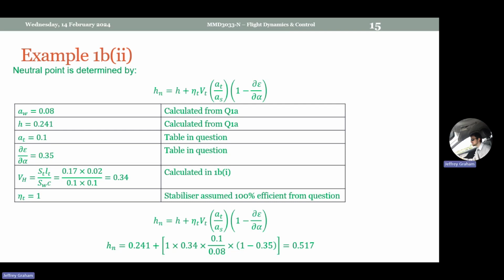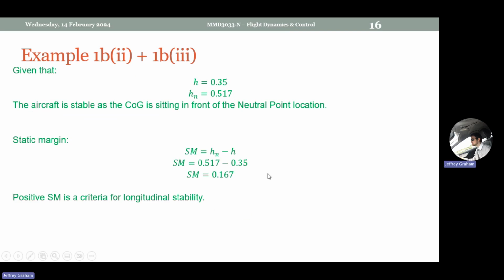And when we consider that with the center of gravity, only then can we make a comment. So this is a particular location. This is where the trim graph gradient will equal naught. But the neutral point then becomes the important bit with the center of gravity here. So neutral point 0.517 minus the 0.35 for the center of gravity.